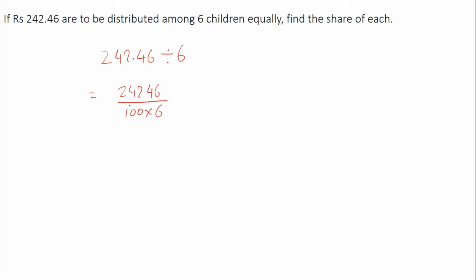Now leave this 100 for now, just divide it. You will get the answer 4041 by 100, or we can write it as rupees 40.41. It will be the share of each child.